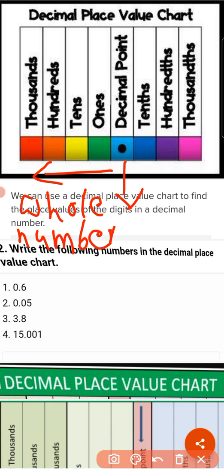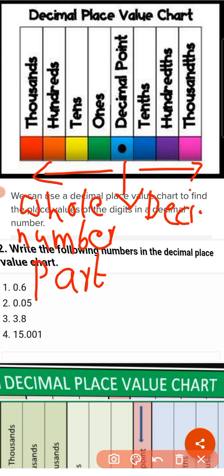And on the right side, which is the decimal part or fractional part. So the decimal point separates the number into a whole number part and a decimal part.